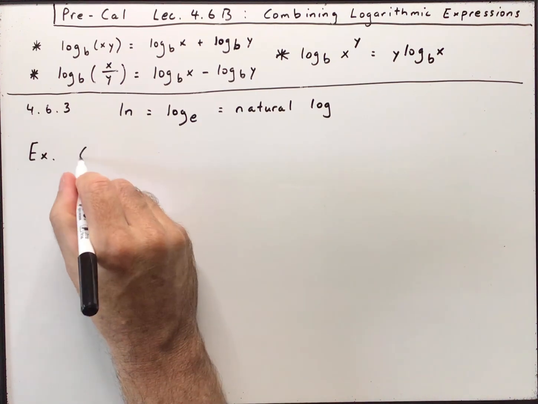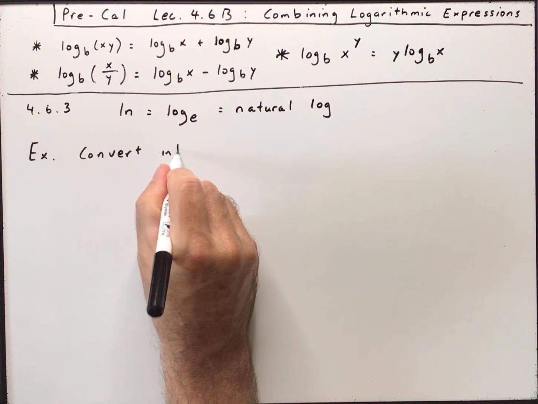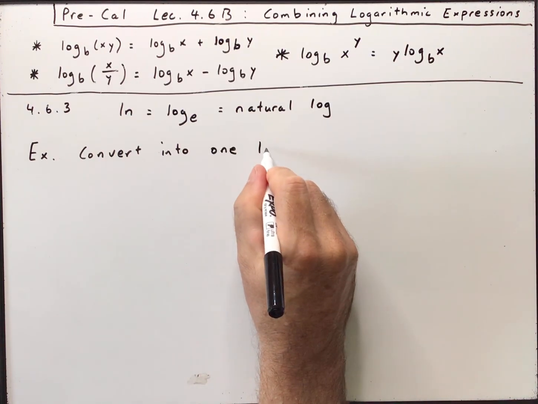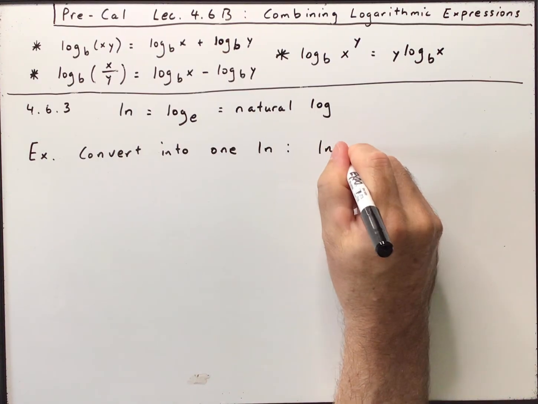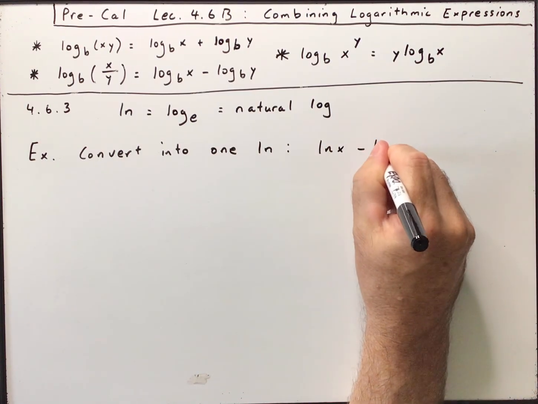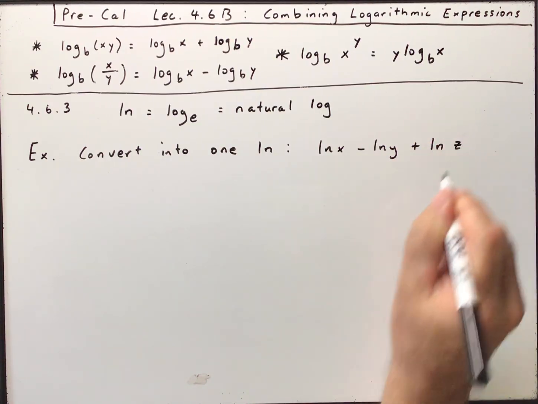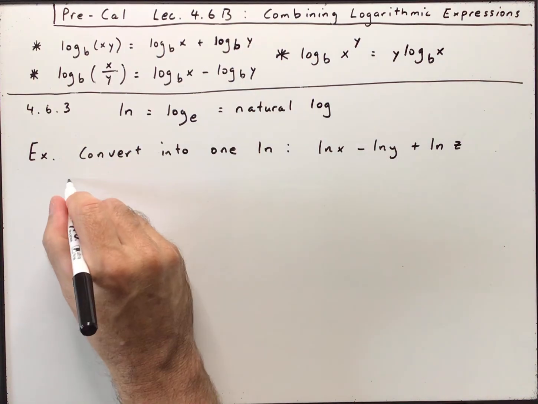We want to convert into one expression. And that's going to be the natural log of x minus the natural log of y plus the natural log of z. Okay, work left to right.